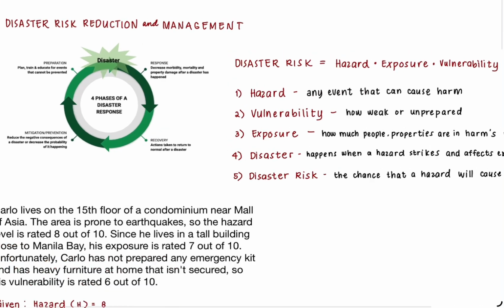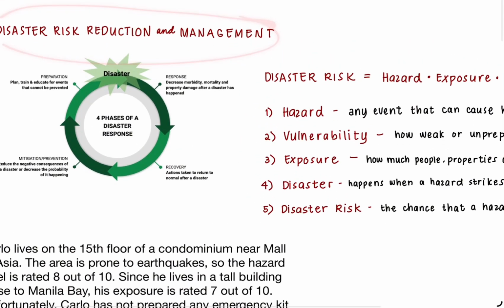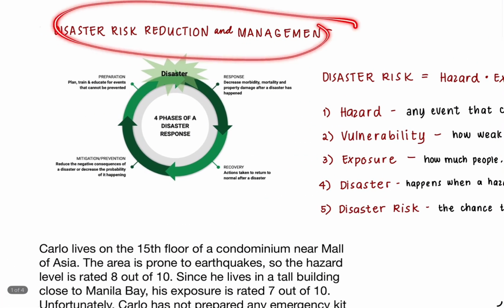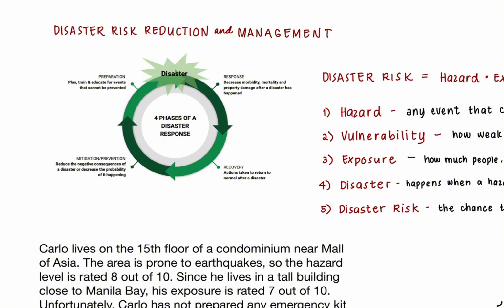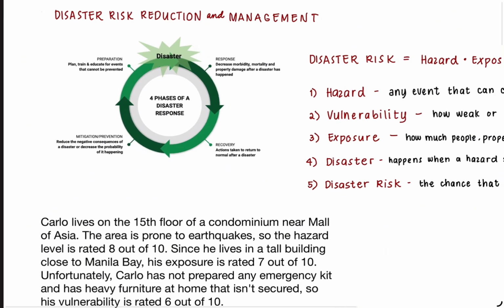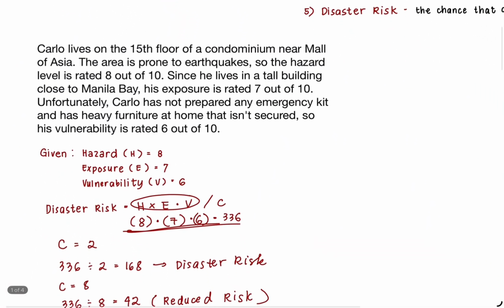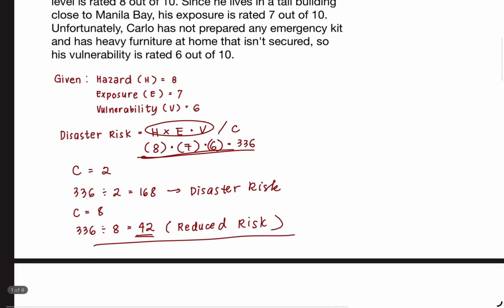And disaster risk reduction and management is the overall approach to lessen risk, prepare people, respond effectively, and recover after a disaster. It's not just about reacting when something bad happens, but also preventing and reducing the possible impacts in the first place.